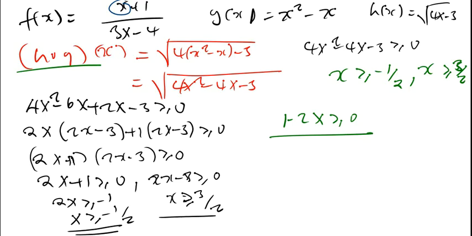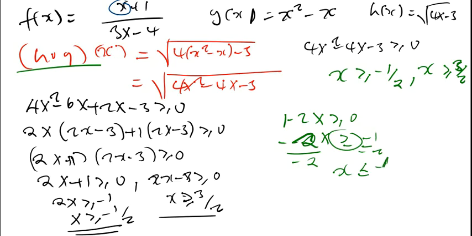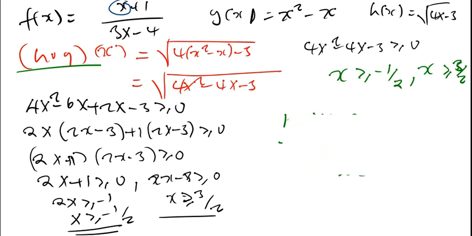If I shift 1 to the other side, it will be negative 2x greater than or equal to negative 1. Whenever you are dividing by a negative, that's when the sign changes. So it only changes when you are dividing by a negative. We have answered one question. Another person was asking, what are we doing? We are finding the domain of this.